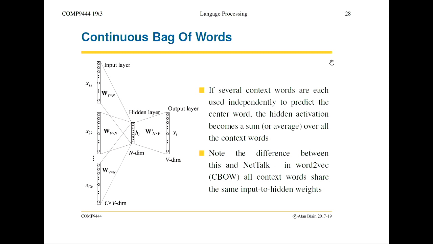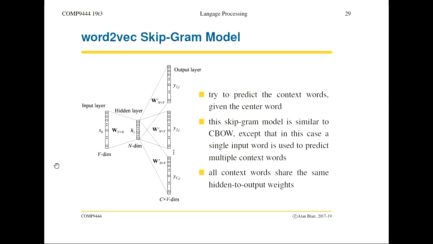We can save time by training it all at once instead of 10 separate times. And there's two ways to do it. We could present the 10 surrounding words and try to predict the middle word. That's called continuous bag of words. Or we could present the middle word and try to predict the 10 surrounding words. We could do it either way, and it usually more or less ends up with the same result.